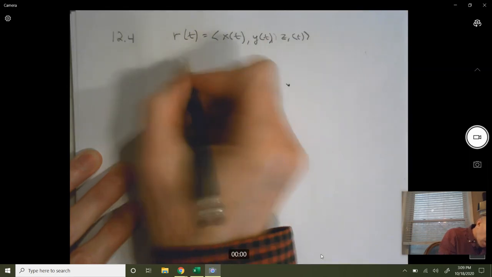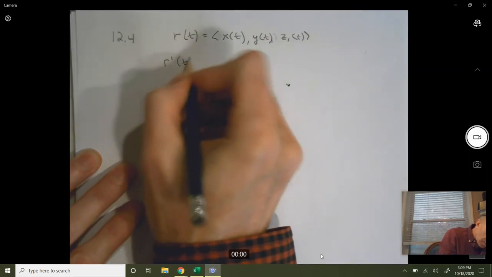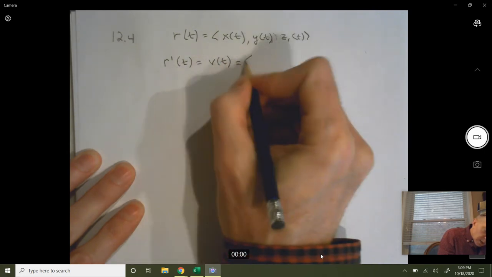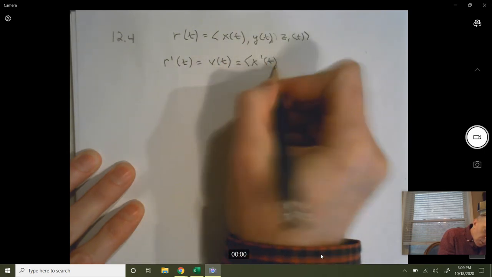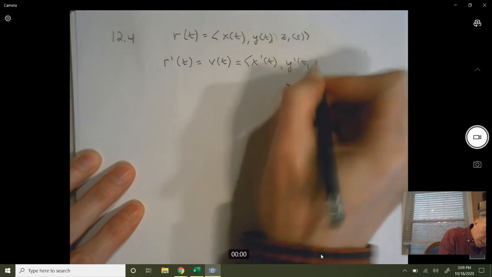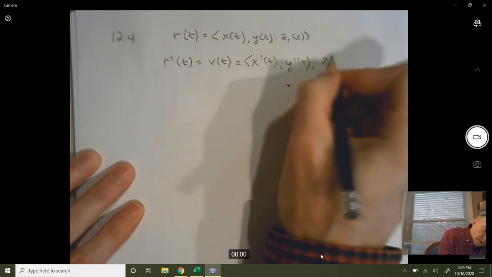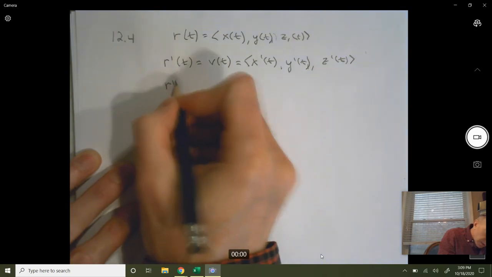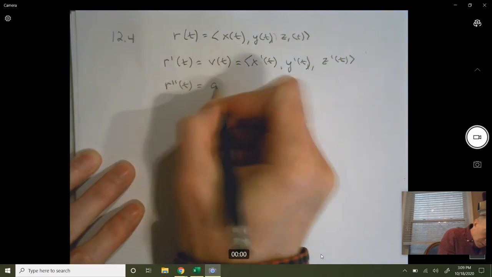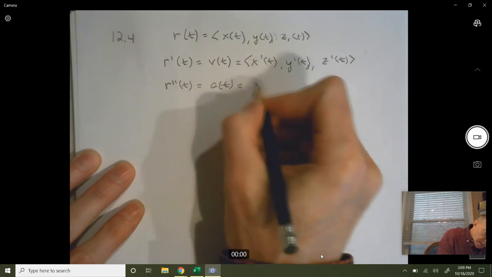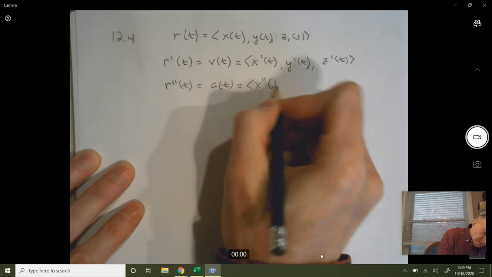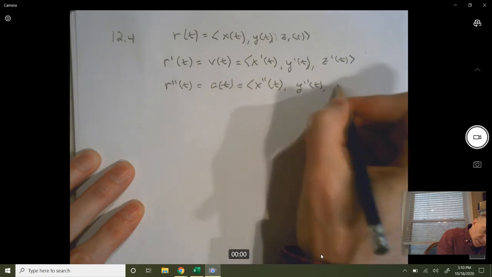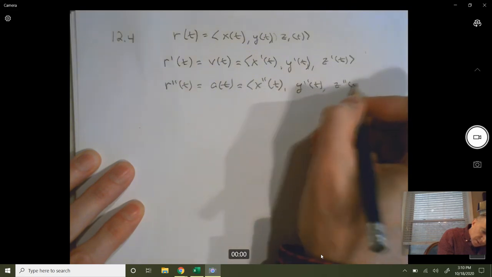Your r prime of t, which is your velocity vector, is going to be x prime of t, y prime of t, z prime of t, and then your r double prime of t, which is your acceleration vector, is x double prime of t, y double prime of t, z double prime of t.